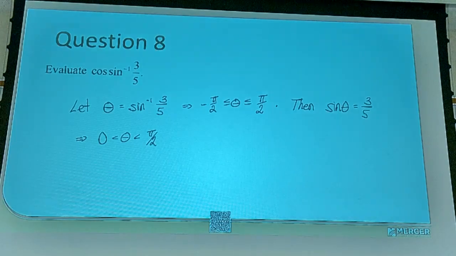Oh, but if our angle is acute, can't we use right triangles?